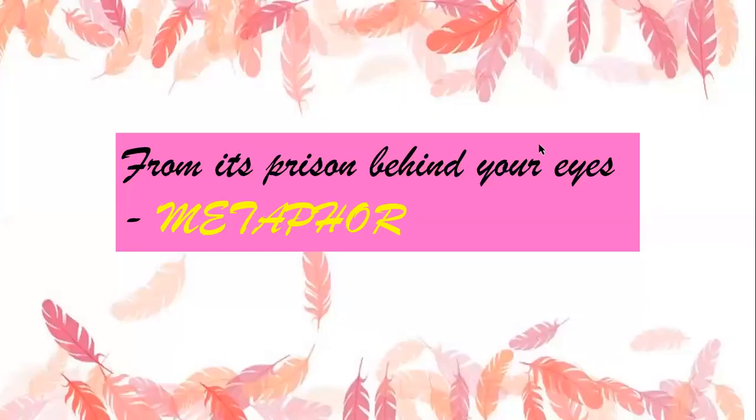Okay, but over here it's also saying from its prison behind your eyes, which is a metaphor. So over here, we are comparing the area behind our eyes to a prison and saying that the thought is hiding or being captivated over there. So we are comparing prison with our eyes.